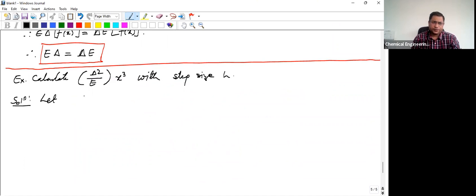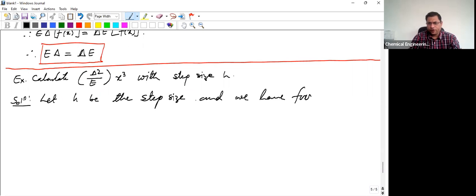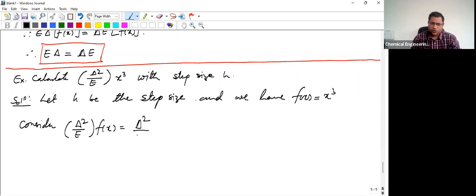Let h be the step size and f of x equal to x cube. Consider delta square upon E operated on f of x, which is delta square upon E operated on x cube.